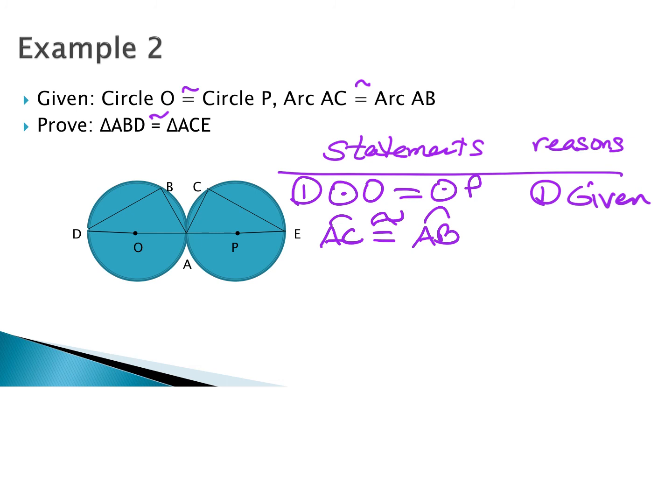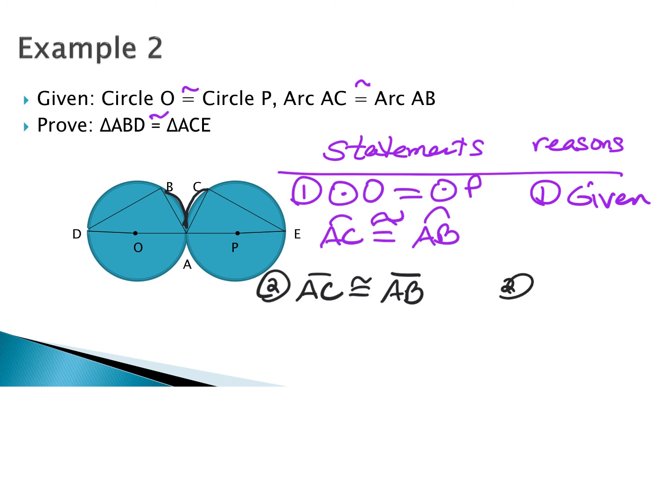So I'm going to use that given. Because I have 2 congruent arcs here, AB and AC, I can use the congruent corresponding chords theorem to say that the chords are also congruent. So that's what I'm going to state next, that AC is congruent to AB, and these are chords.